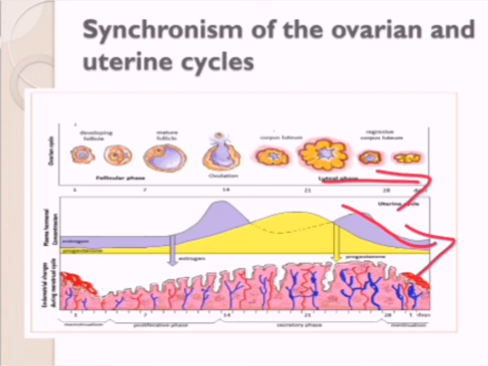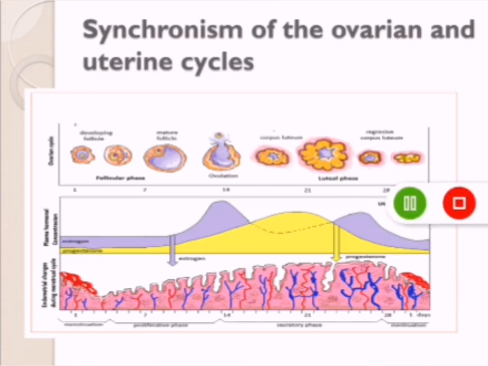So at the end of the cycle, if there is no fertilization, the corpus luteum degenerates within a few days, and due to this regression, the concentration of the ovarian hormones in the blood falls, and this will result in menstruation.